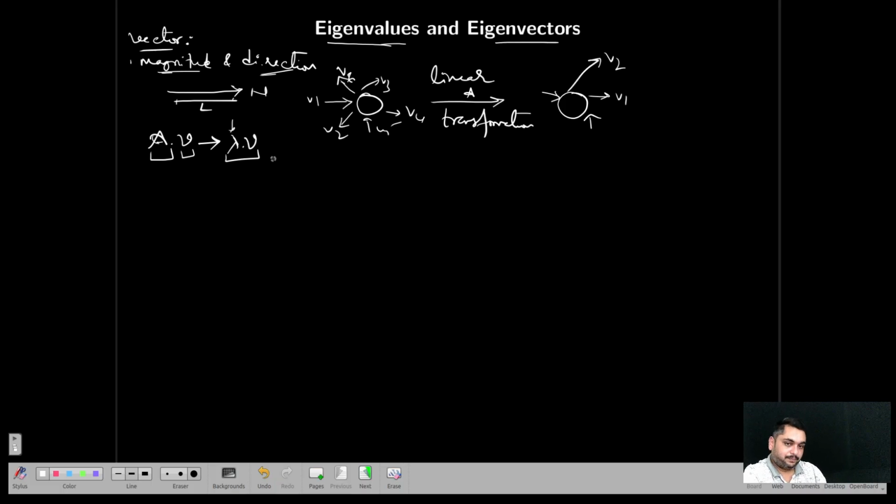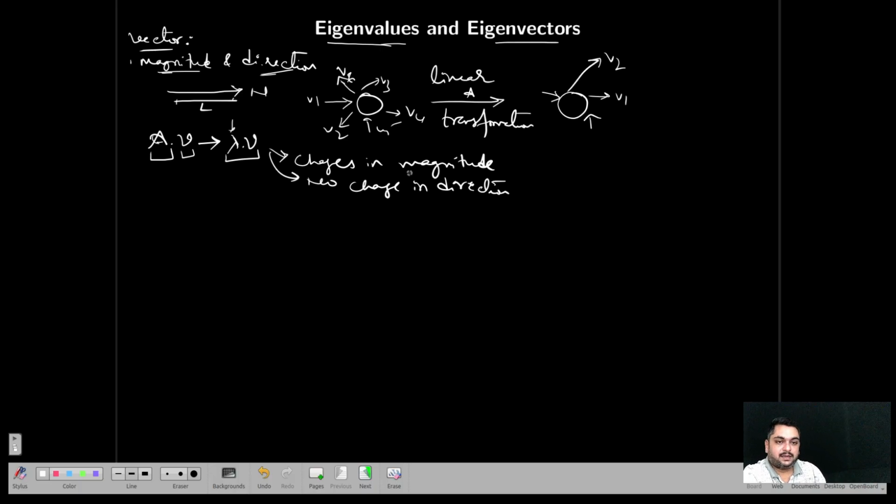This vector changes in magnitude only, and there is no change in direction.